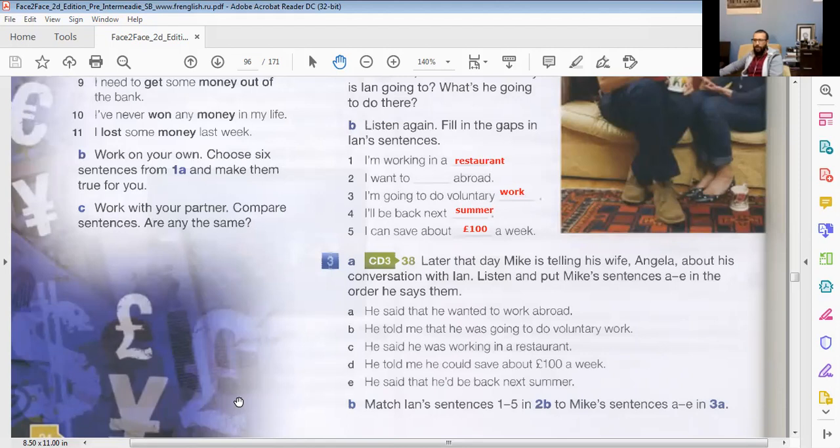I want to work abroad, so I need to save some money quickly. Where are you going? I'm going to work in Canada. Oh, so you're going to be a lawyer in Canada? No, I'm not qualified in Canada, but I'm going to do voluntary work there with some brilliant environmental lawyers. Oh, helping the environment. That's good. But I'll be back next summer, so your family lawyer won't be away for long. Who's paying for all this? The people in Canada will pay for everything when I'm over there, but I have to pay for my flight. That's why I'm working at the restaurant. I can save about £100 a week. How much is the flight going to cost?